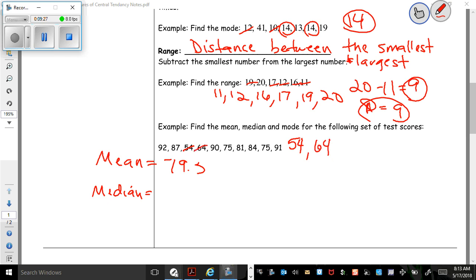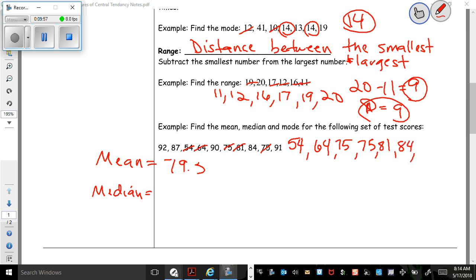Not only do you need to do this for the median, but it'll also help you find the most frequent one. So I got 54 there, right? What's the next one? 64, 75, then 81, 84, and then 87.